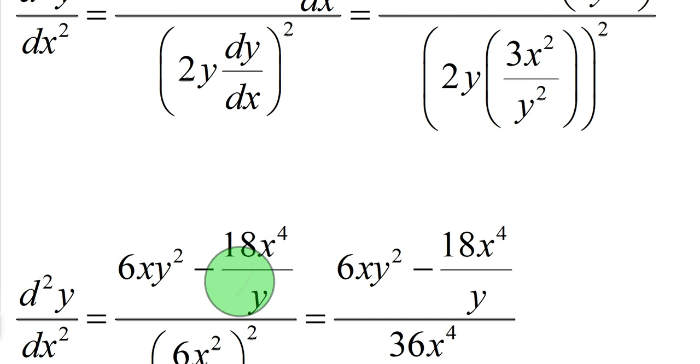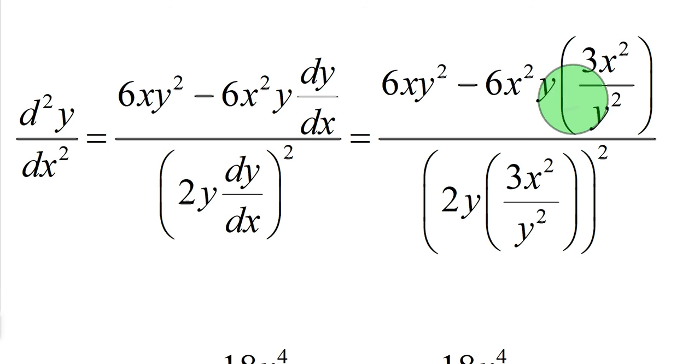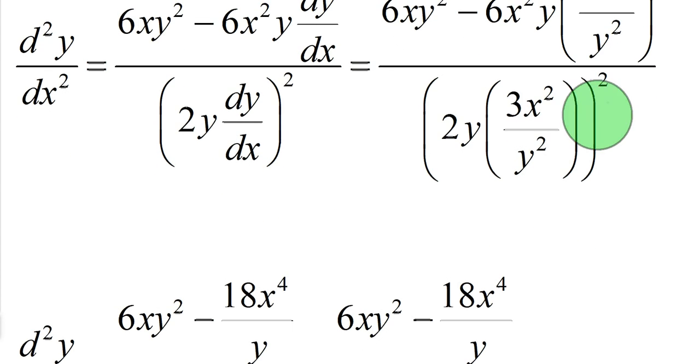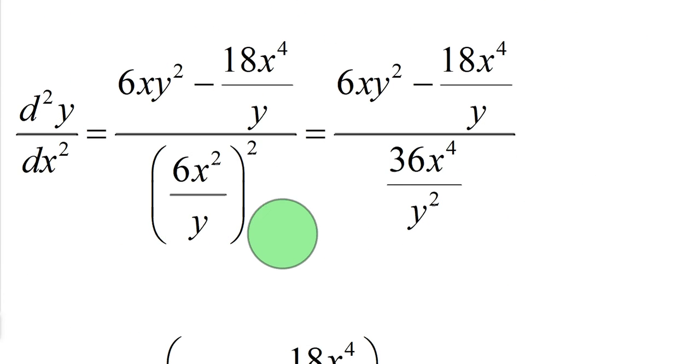So there's that simplification. Minus 18x to the fourth over y. Okay, and then down here at the bottom, these y's will cancel, and we'll be left with 6x squared on top and y on the bottom. Don't forget it's being squared. Okay, and then of course we do want to square it, so we have to square everything inside. It will become 36x to the fourth over y squared on the bottom.